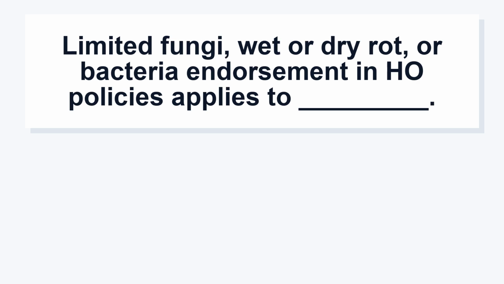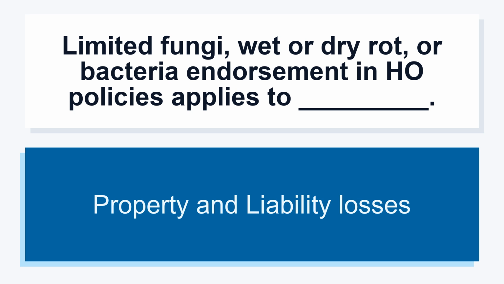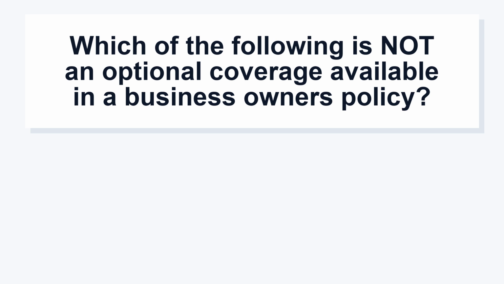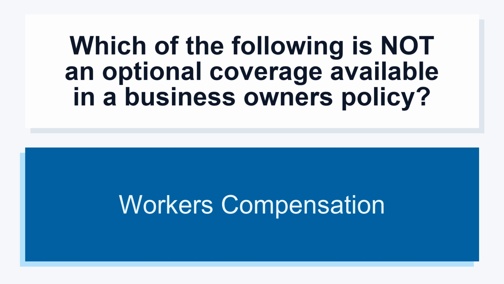Limited fungi, wet or dry rot, or bacteria endorsement in HO policies applies to... Which of the following is not an optional coverage available in a business owner's policy? Workers' compensation.